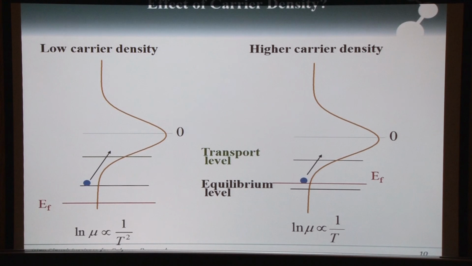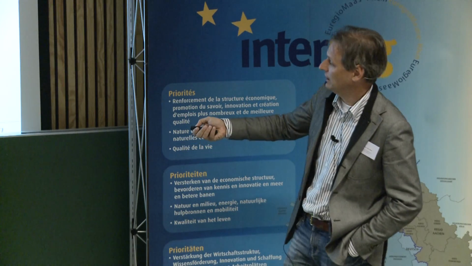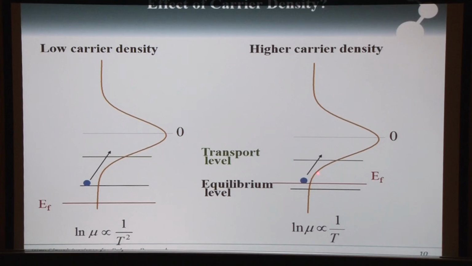But if I now, in a transistor, apply a gate bias and start to increase the Fermi level, at some point, the Fermi level will pass the point where the carriers normally are. That means that the Fermi level is now the new starting point for transport. And when I increase the density more, the Fermi level goes up, and the energy step you have to make becomes smaller and smaller, and then the transport gets better.